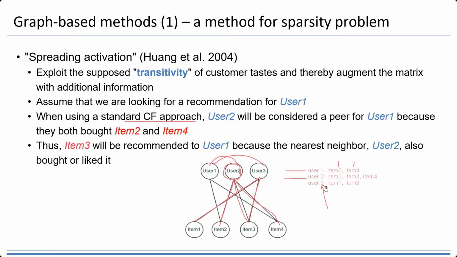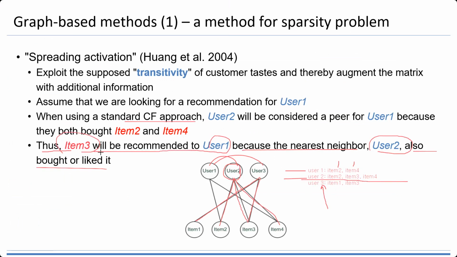Now, using this information only, we can say that item 3 will be recommended to user 1 because the nearest neighbor, which is user 2, also bought or liked it. We know that user 2 bought item 2, item 3, and item 4.